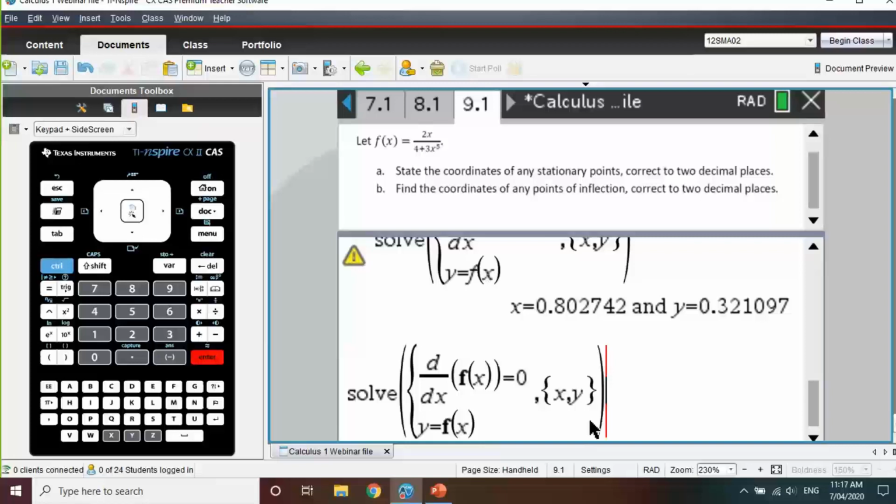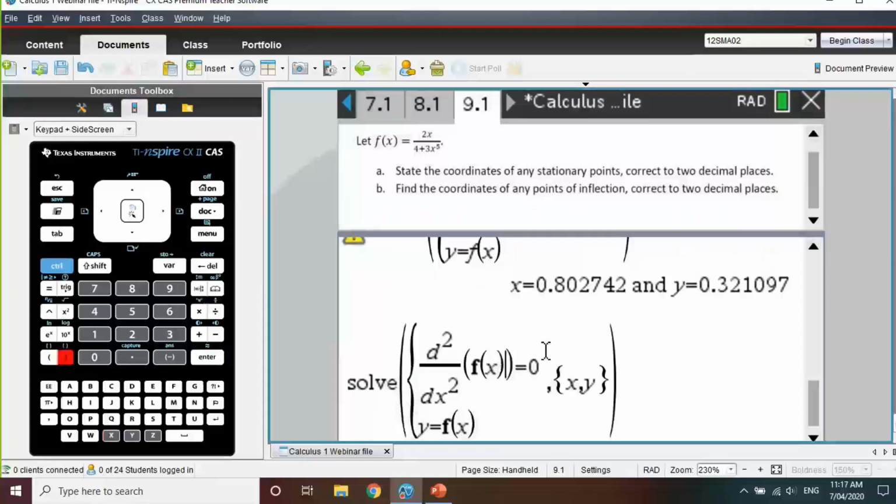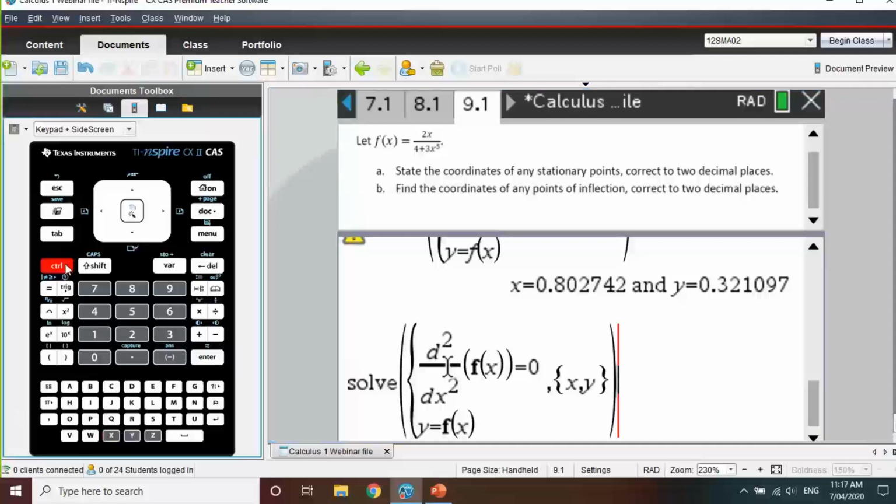There we go, f(x). Because as we saw before, we want to find out when the second derivative is equal to 0, and then with those x values, we're going to sub them in to find y. And finally, we want correct decimal places, so we're going to press Control-Enter to get it in decimals.